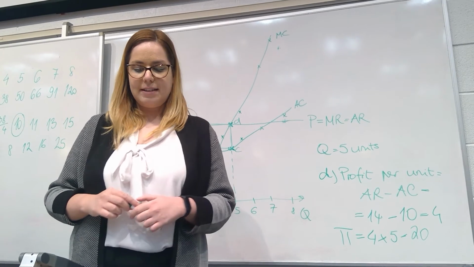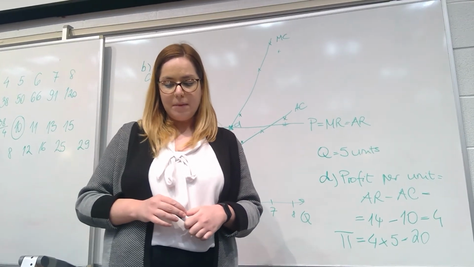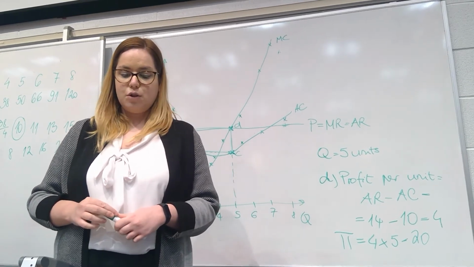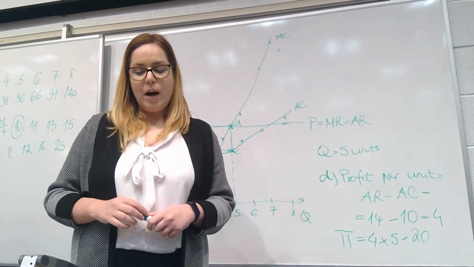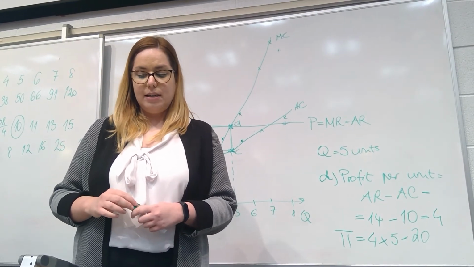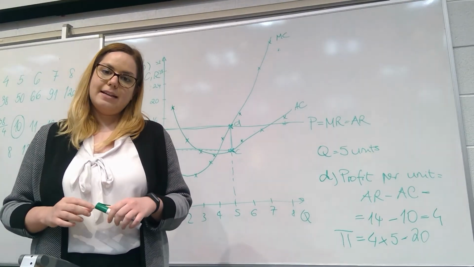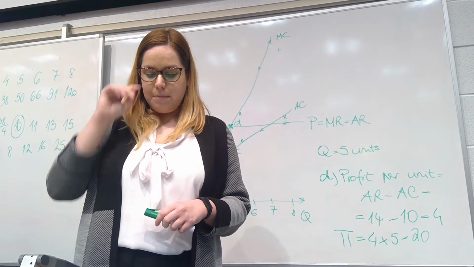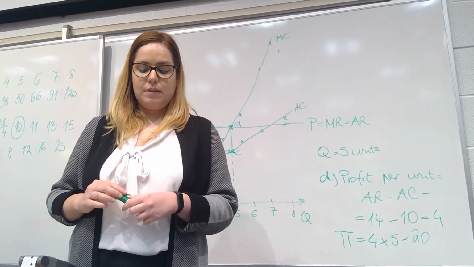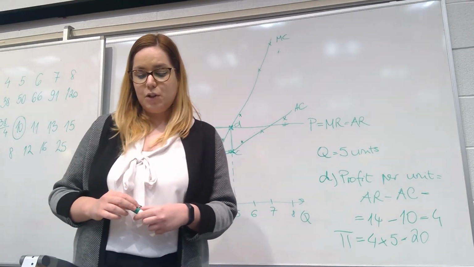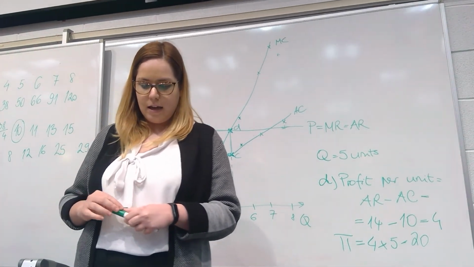Question number 11 states productive efficiency occurs at output where average costs are minimized. This statement is true, hence the correct answer is answer A. Question number 12, a monopolist may be allocatively inefficient if price is greater than marginal costs, so the correct answer would be answer D. Question number 13, in oligopoly, non-price competition is likely, so the correct answer is answer A, and this is something you discussed in your lectures as well.